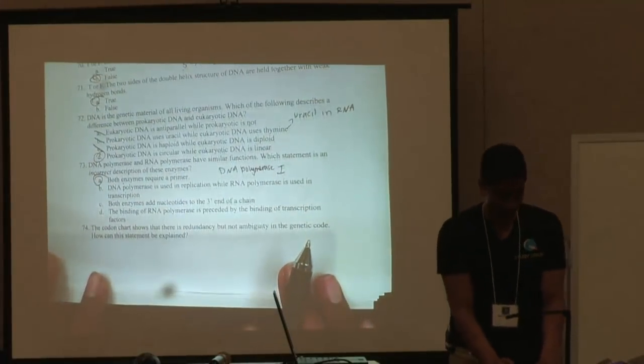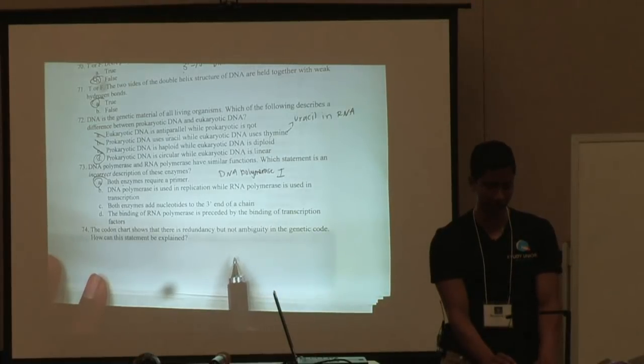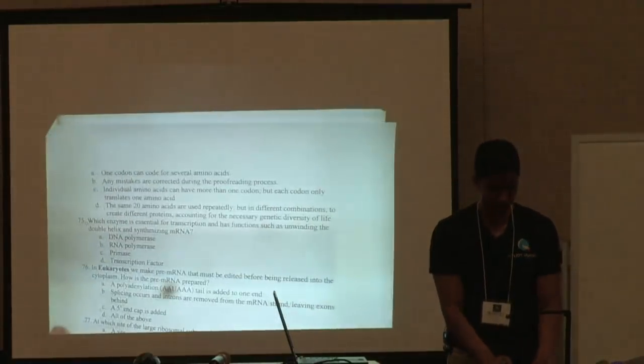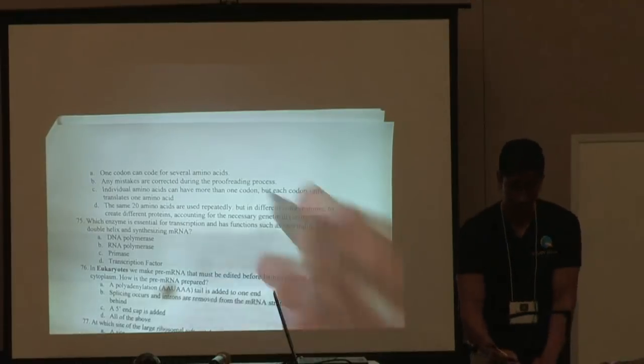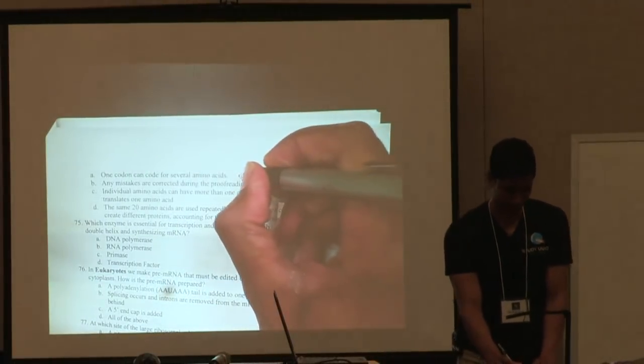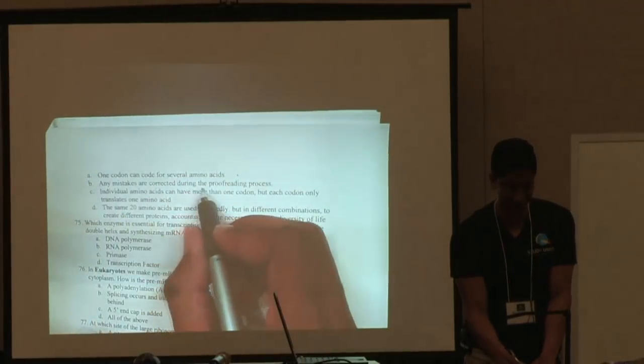All right. The codon chart shows that there is redundancy but not ambiguity in the genetic code. How can this statement be explained? So one codon can code for several amino acids. Is that true? Okay. Any mistakes are corrected during the proofreading process.